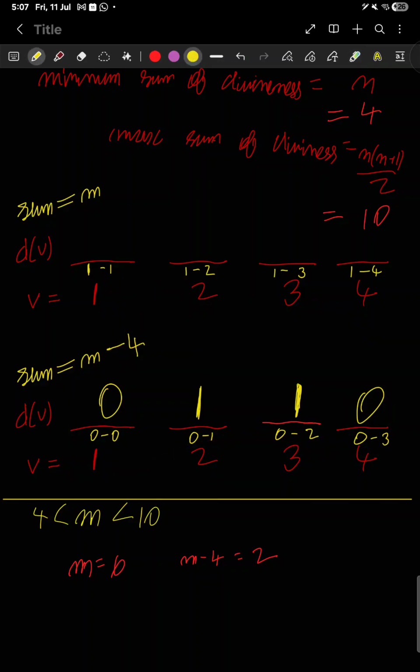Now we'll fill this one. So the divineness would have been 1 over here, because this one is 0. And the divineness here would be 2, because this one is 1. So this one plus 1 is equal to this one, because earlier we had subtracted 1 from this one. So this one would be 2, this one would be 1.